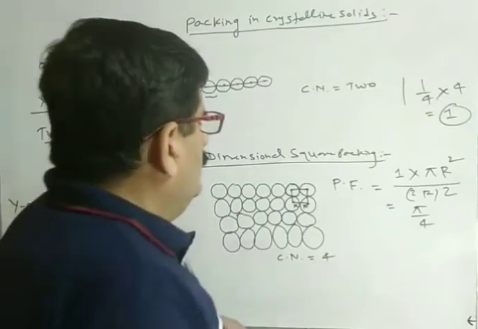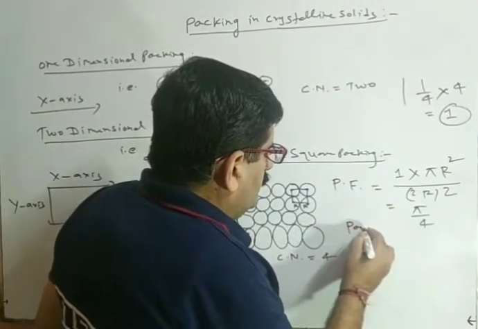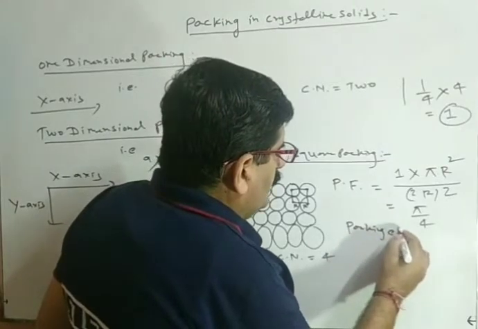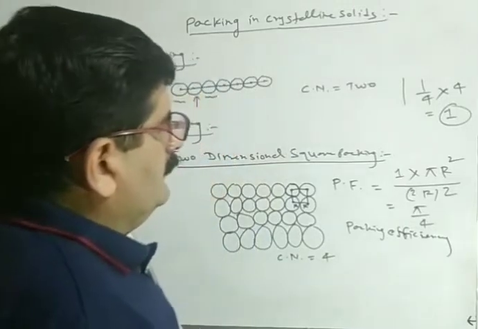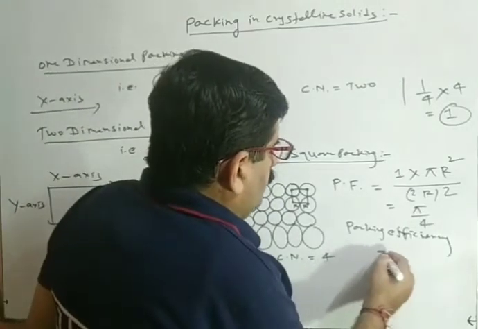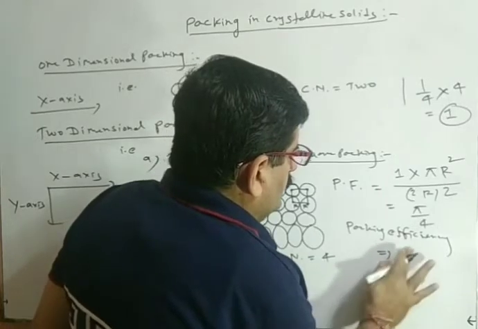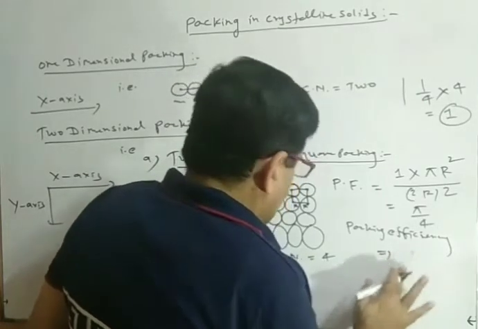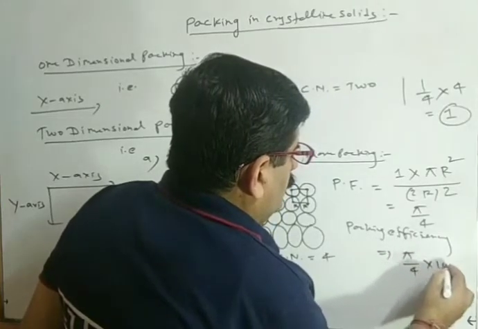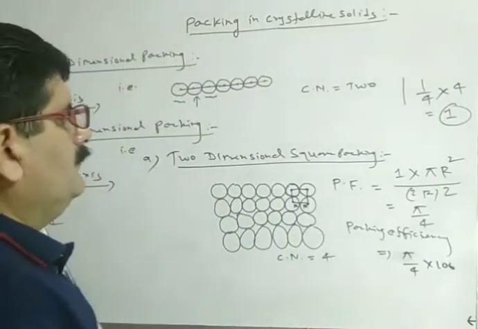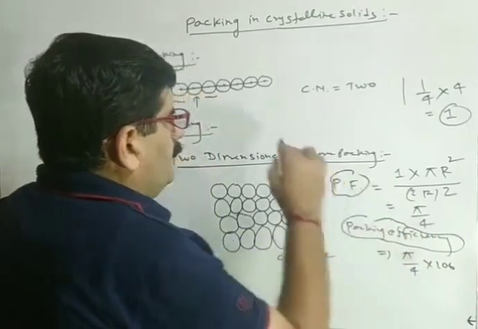If we want to determine packing efficiency, then let's give the value of what? Pi/4 into 100. This is packing efficiency, and that was packing fraction.